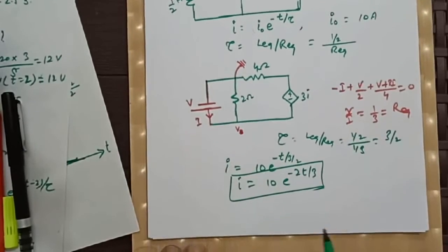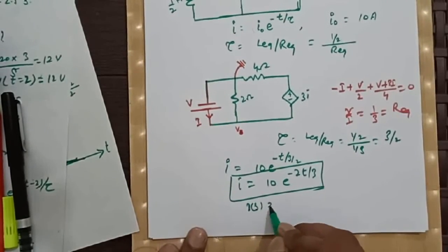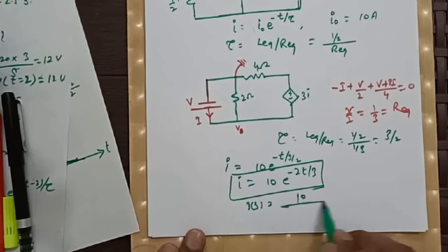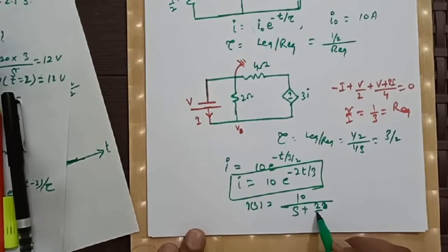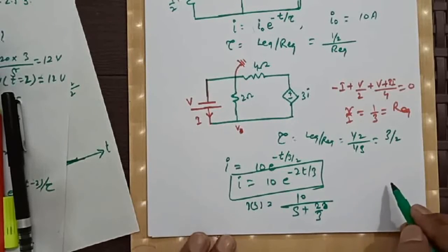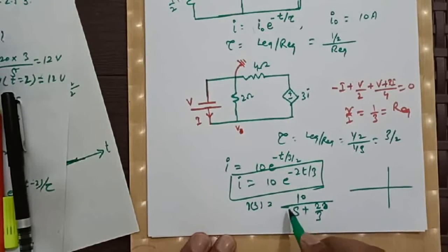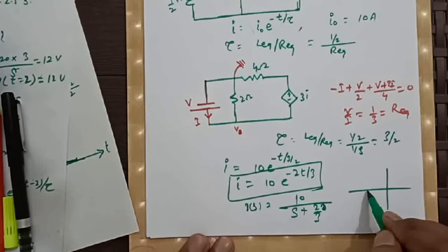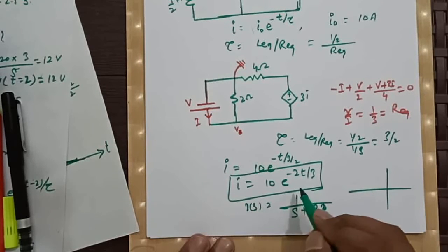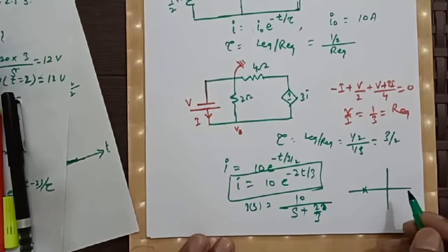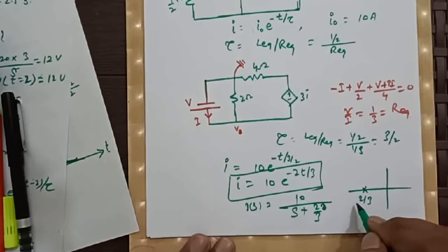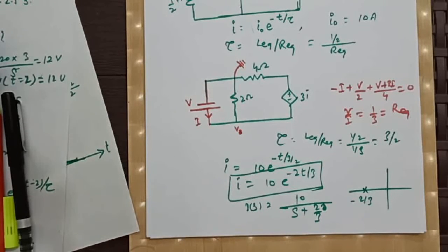Now if we take its Laplace transform, it will have the expression of S plus 2 by 3, means the pole of this will be at minus 2 by 3 in S domain.